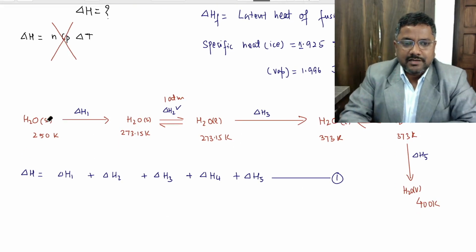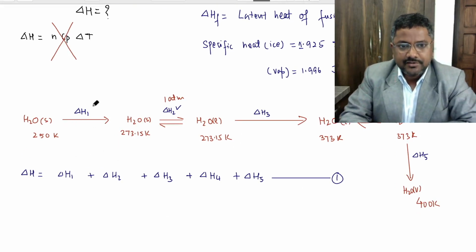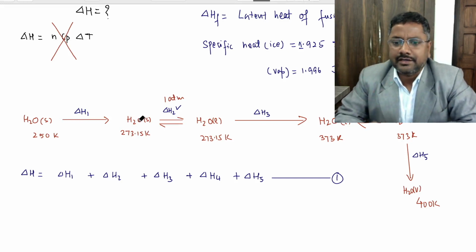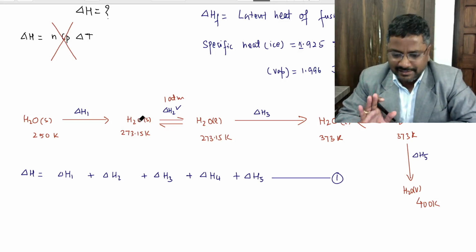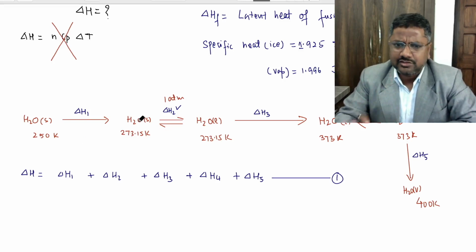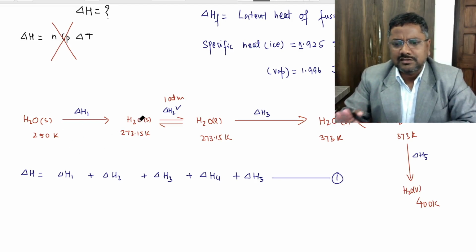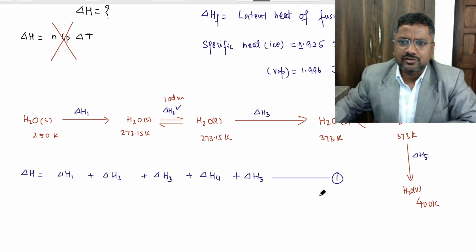So this way we have to calculate this question. First I am taking the heating of this ice from this to this. Usually CP and CV, what we are taking, they are independent of temperature. Although this is not correct, at your level I will give you the formula for the dependency of CP on temperature, but that formula you should use only when certain constants are given in the question, and that is not in your syllabus.